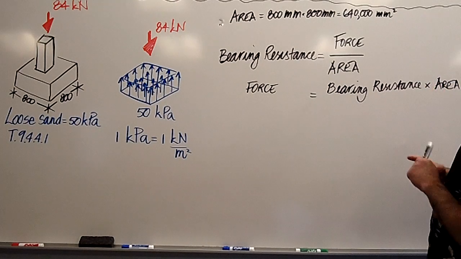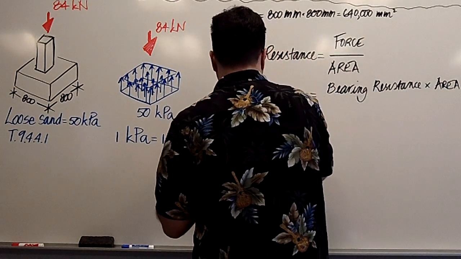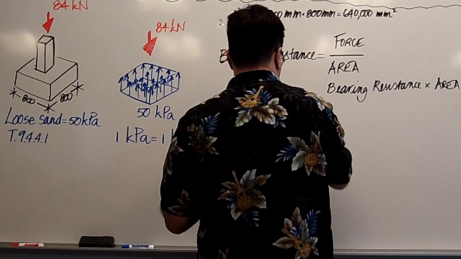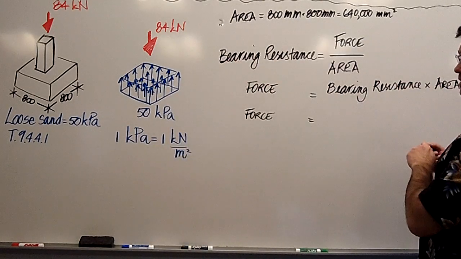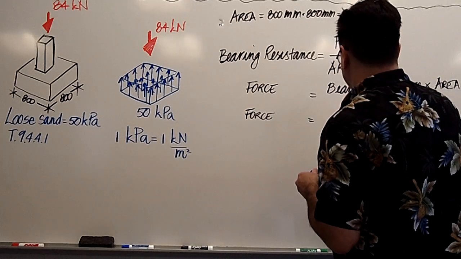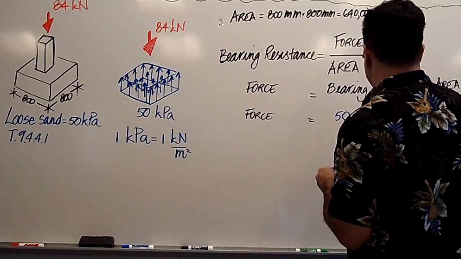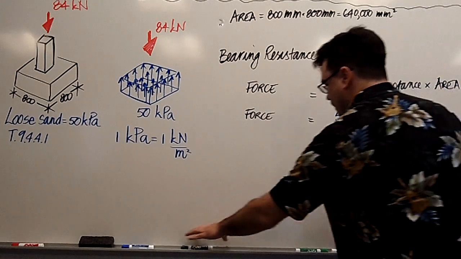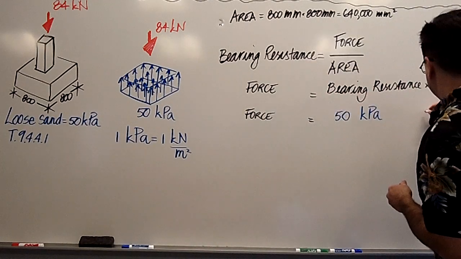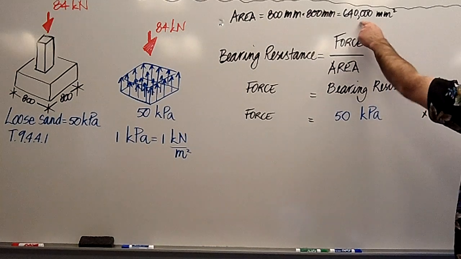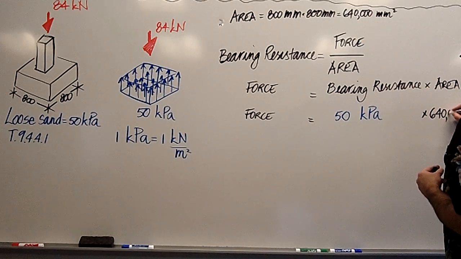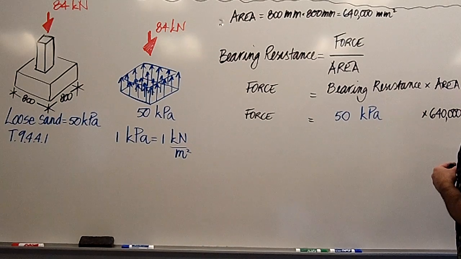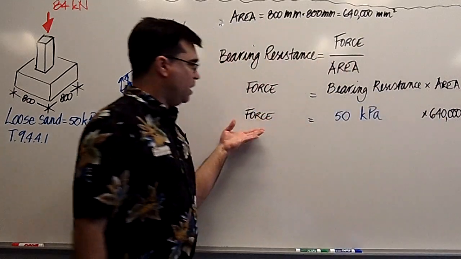So can I put in here then, as I'm figuring this out, force equals bearing resistance, 50 kPa, times, look at this, 640,000 millimeters squared. Well, the concept makes sense.